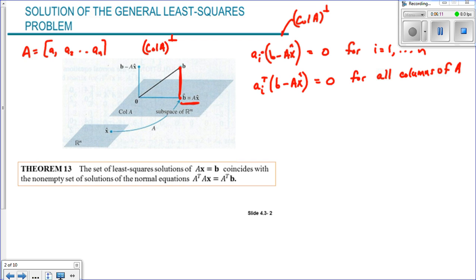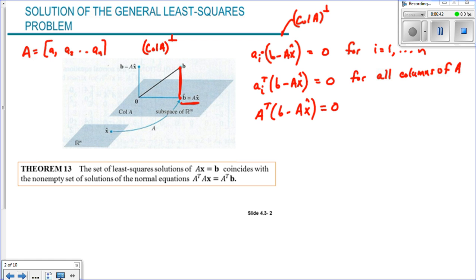Well, if that's true for each of the columns of A, or the rows if you take the transpose, that means that if we took the matrix A transpose, it also will have a product times this b minus A x hat of 0. Okay? So if it's true for every column of A, it's going to be true for A itself.